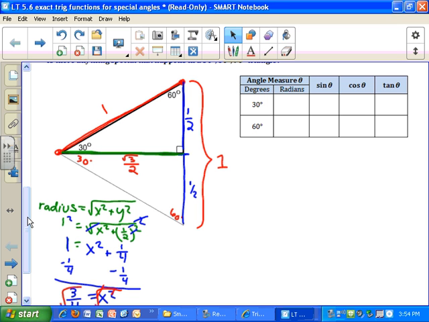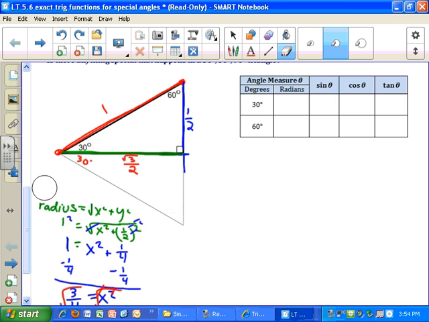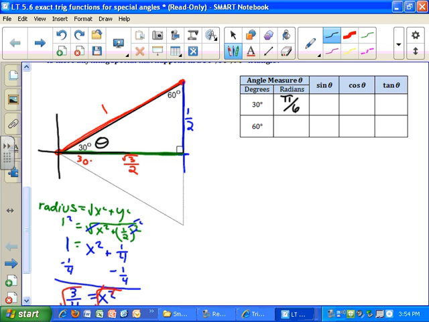Okay. So now if we erase some of those measures that we needed to get there, and we look back at this unit circle being drawn there, and this is my angle theta. First of all, we can convert 30 degrees to pi over 6, and now we can look at those 3 main trig functions: sine, cosine, and tangent.